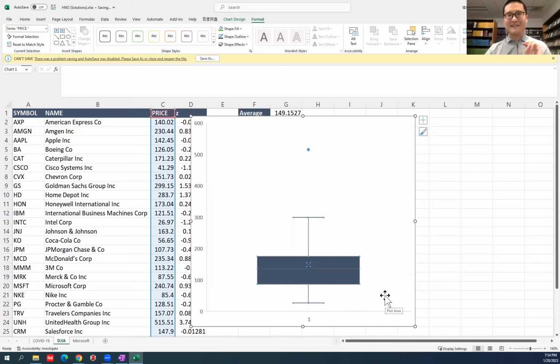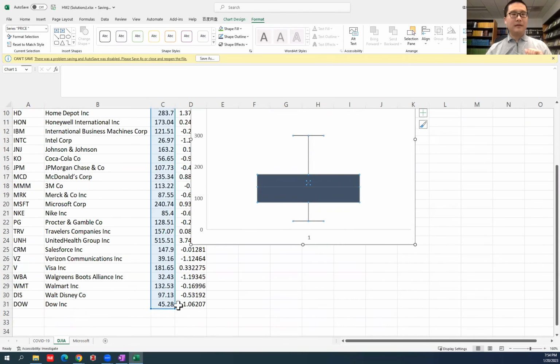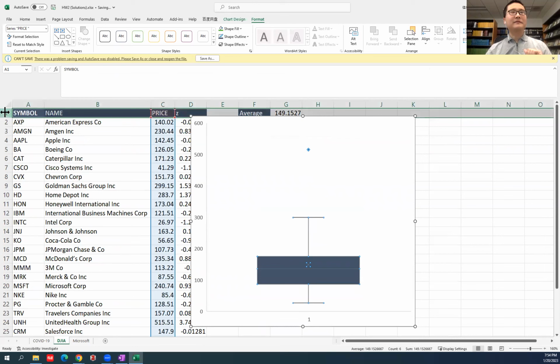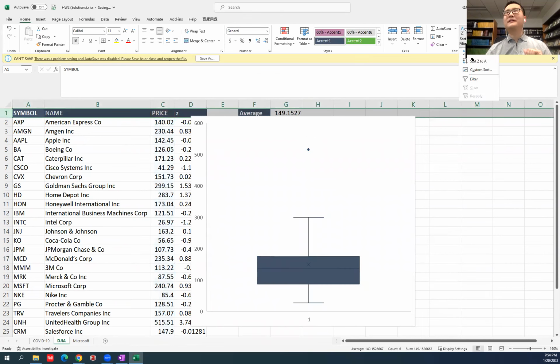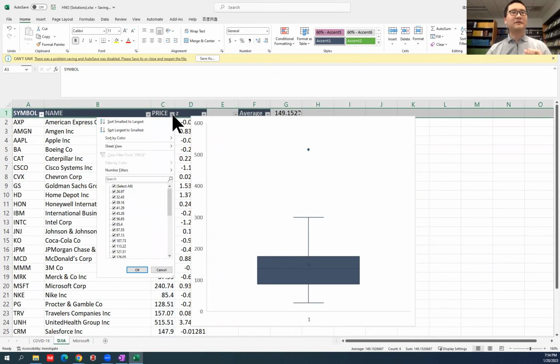Okay, you're almost there. In this particular case, this bottom whisker represents the minimum value. We will find out by making a filter and going to price. The minimum would be about 27.